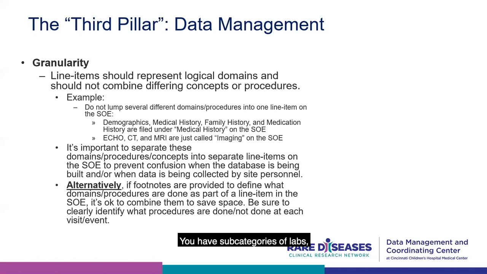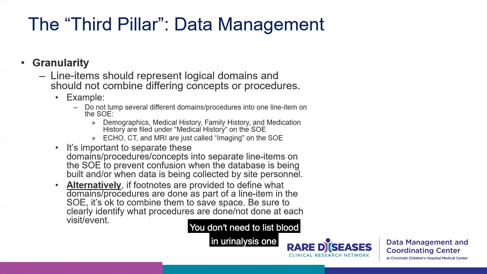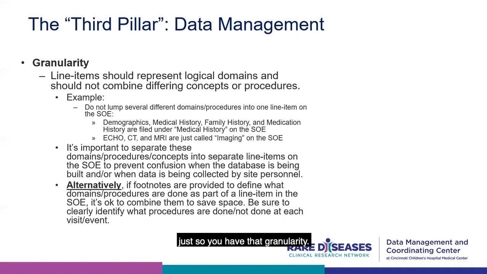You have subcategories of labs, for instance, blood or urinalysis. You don't need to list blood and urinalysis as separate line items. It's okay to list it just as a singular line item under labs, and then put in the footnote that you're going to be doing blood and urinalysis, just so you have that granularity and we know that there are different types of labs being done.